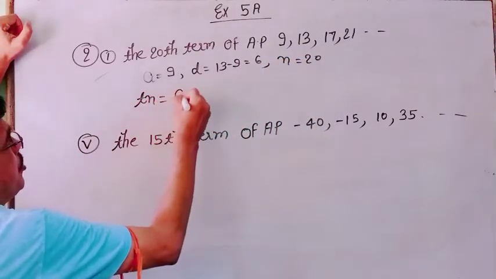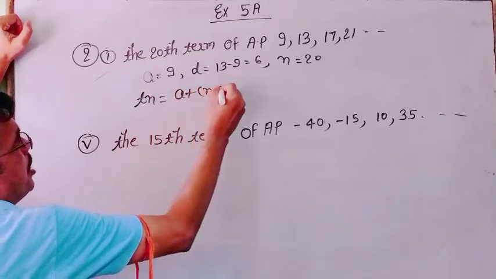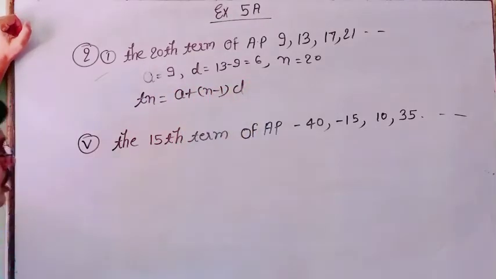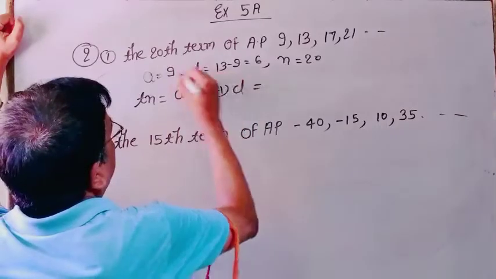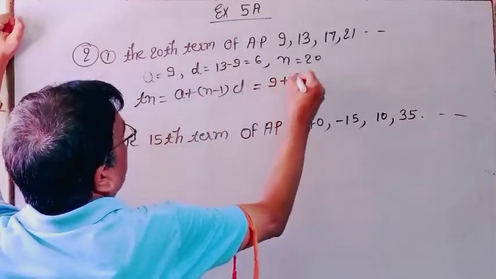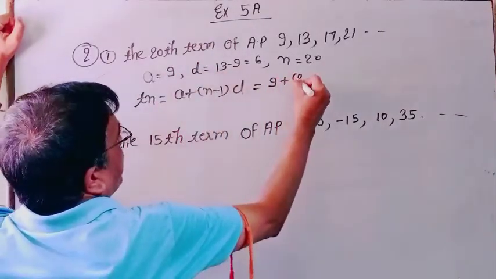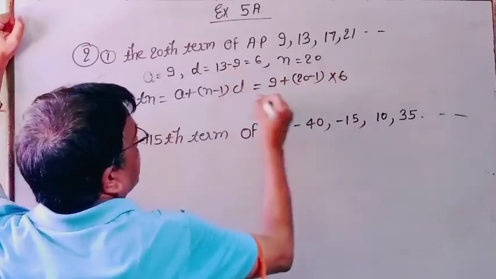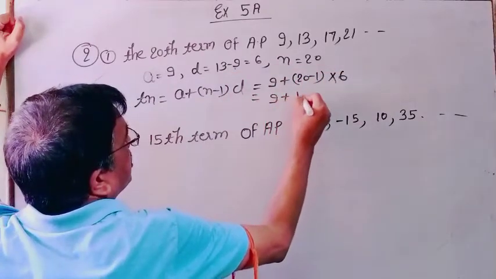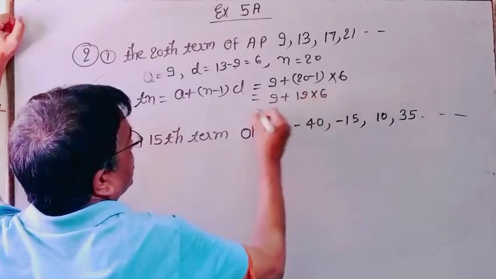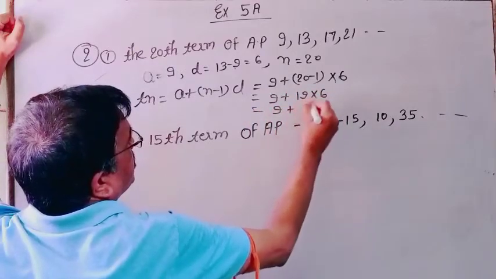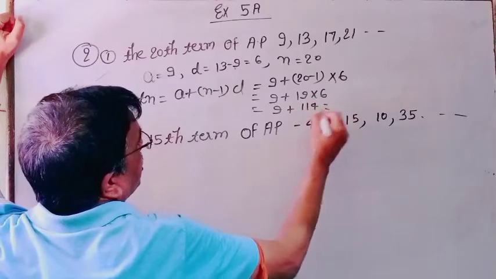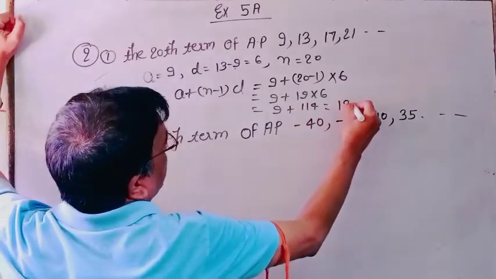Tn is equal to A plus N minus 1 into D. So A is 9 plus N minus 1, that is 20 minus 1, and D is 4. Then we get 9 plus 19 into 4, then 9 plus 76.